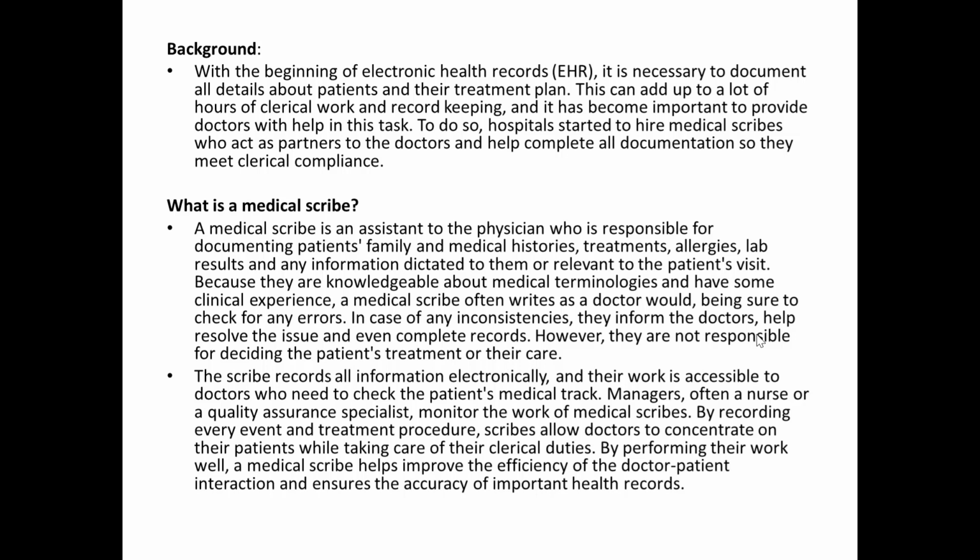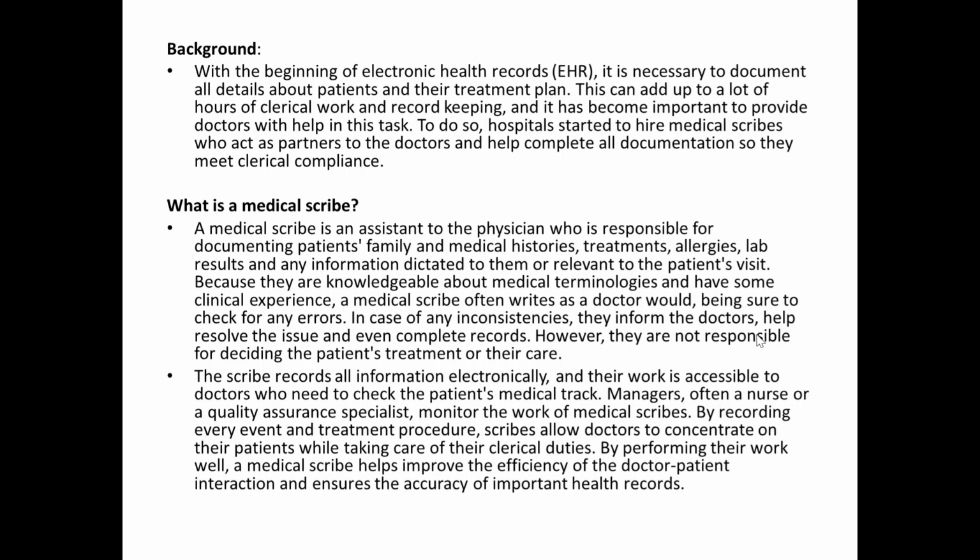So by recording every event and treatment procedure, scribes will allow doctors to concentrate on their patients while taking care of their clinical duties. So by performing their work well, a medical scribe helps improve the efficiency. So doctor की efficiency इस तरह से बढ़ जाती है because the way I mentioned, they are able to focus on the discussion and the treatment plan without bothering about collecting the notes and writing and updating the data.